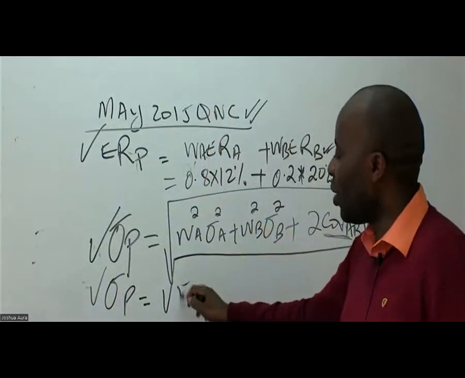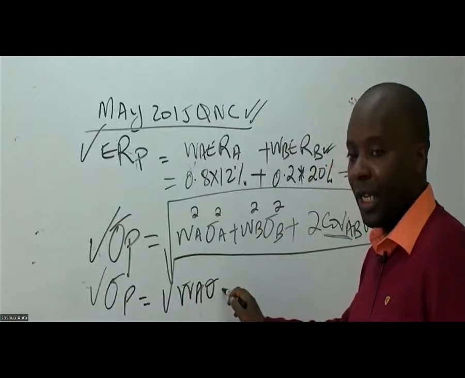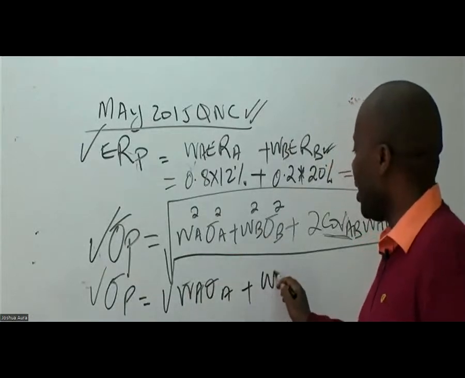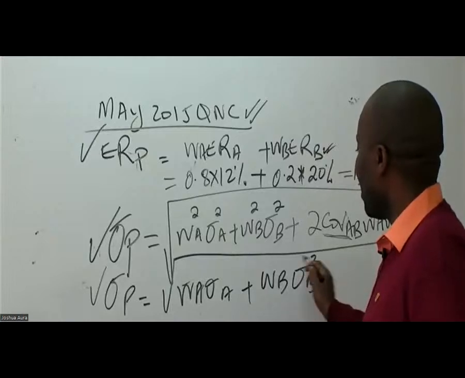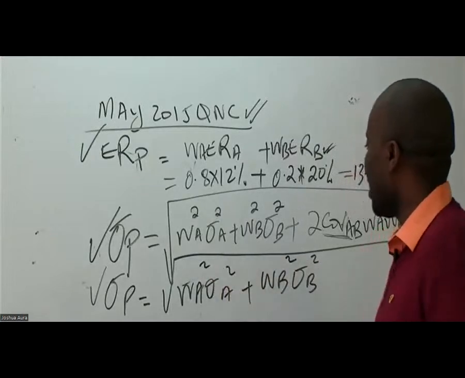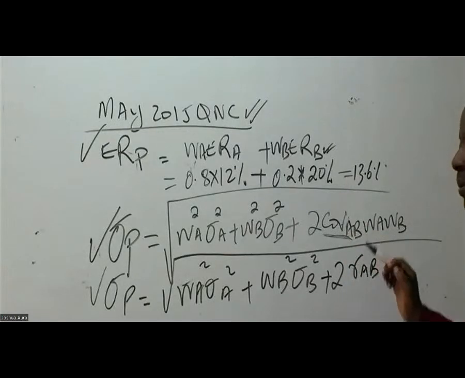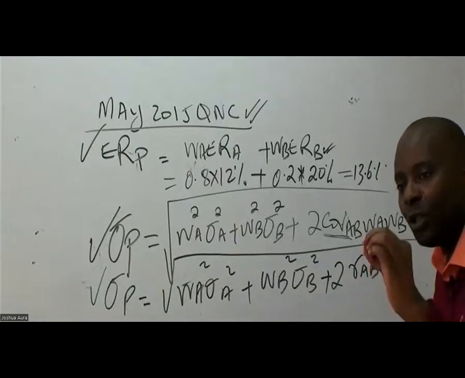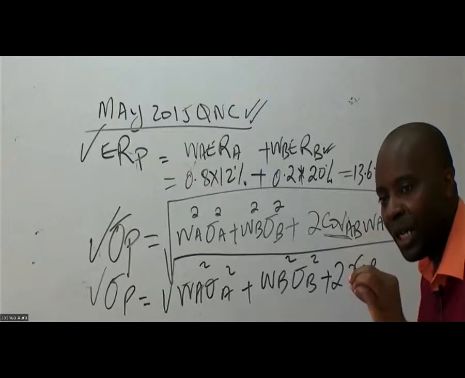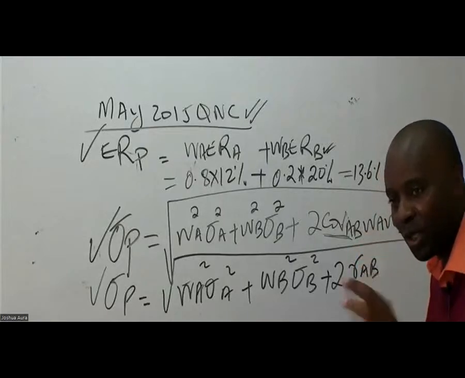So every other thing will remain the same, except that now, instead of covariance, I introduce correlation. But remember, when you introduce correlation, you must bring on the table the respective standard deviations now.